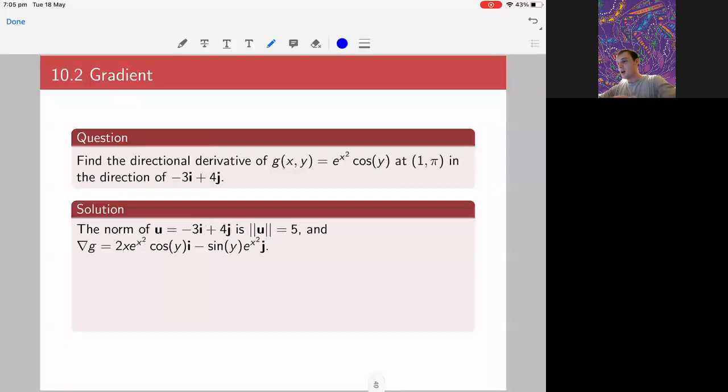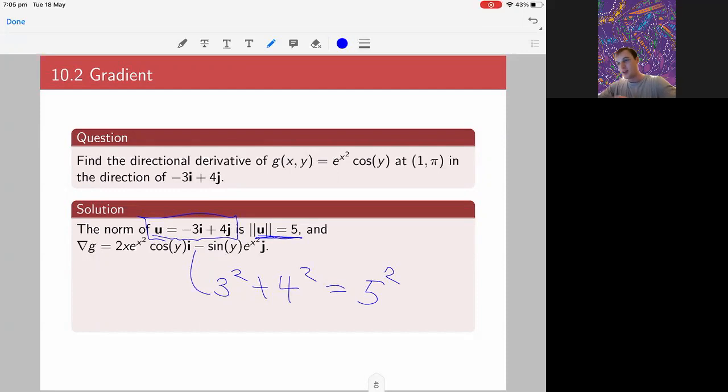First things first, let's normalize. Well, let's at least work out how big this vector is. You may notice that this is a Pythagorean triple, because 3 squared plus 4 squared is the same as 5 squared. So the norm of this vector is 5.